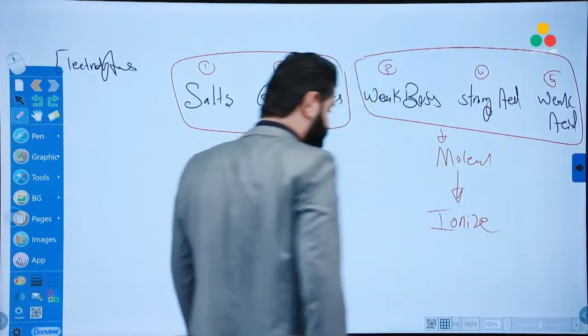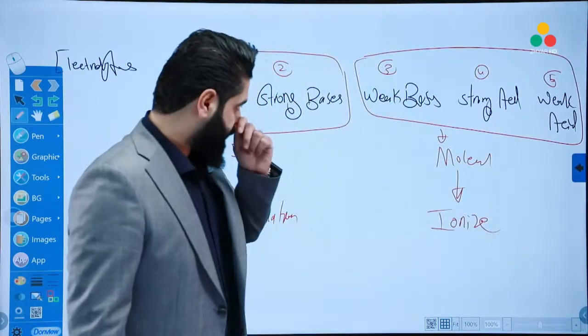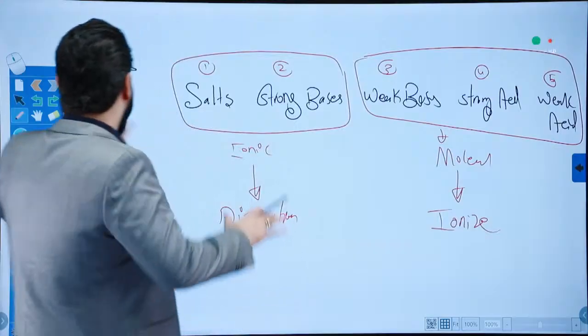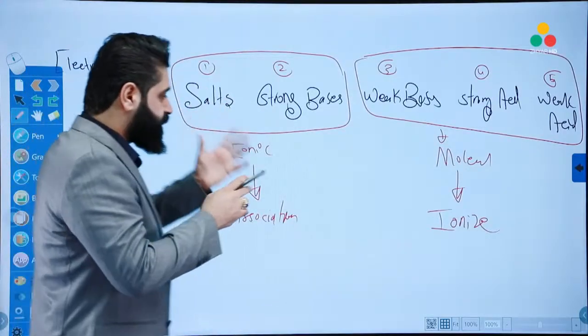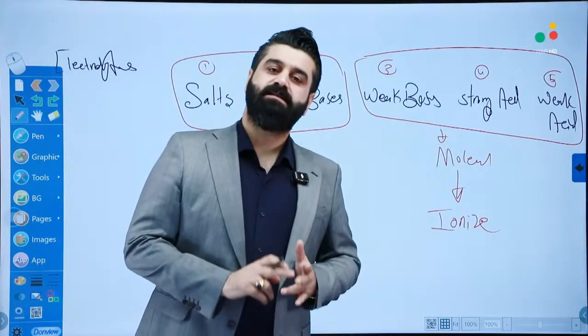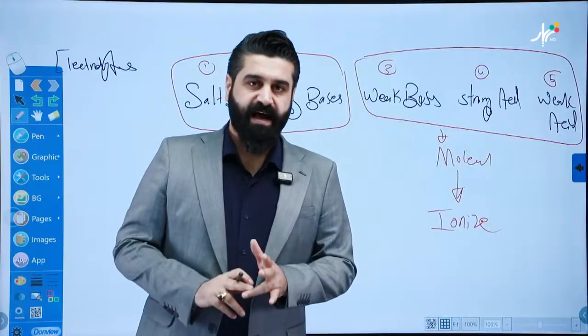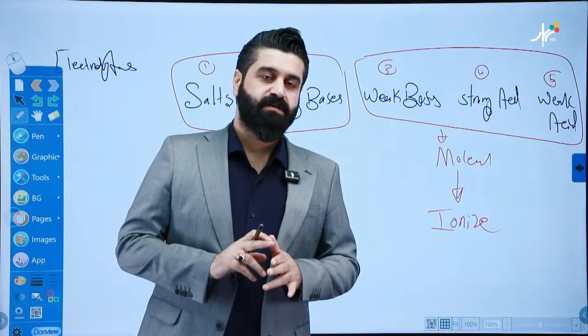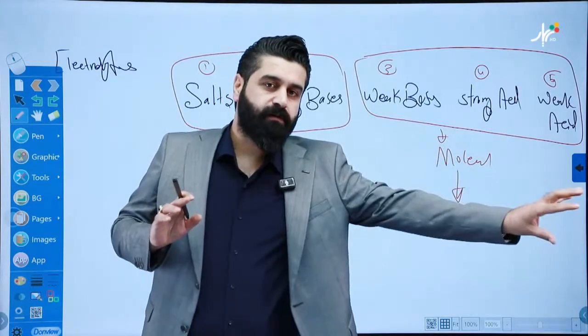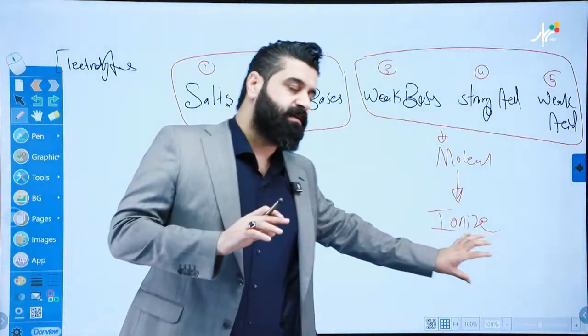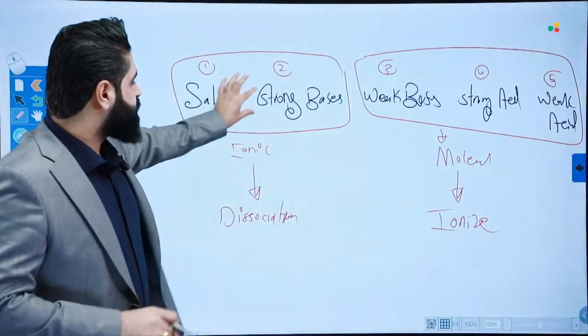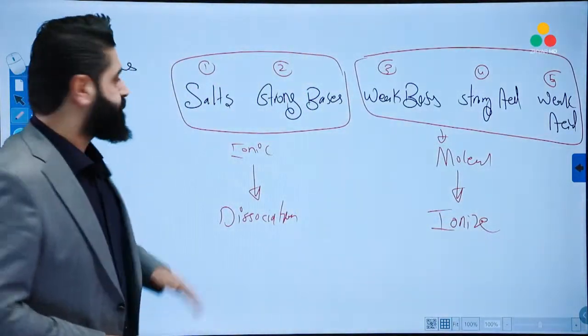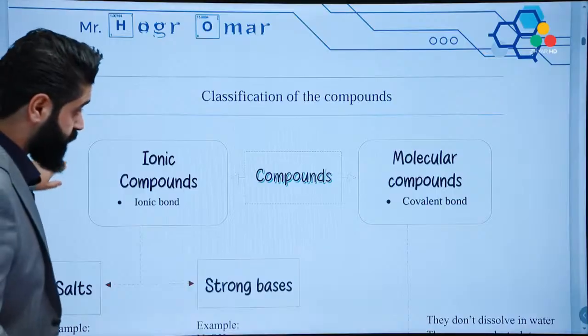They ionize in water, or ionization. So generally, electrolytes are acids, bases, and salts. Weak acids, weak bases, and strong acids are molecular. They are ionized. But the salts and strong bases are dissociated. Good, in water, of course.